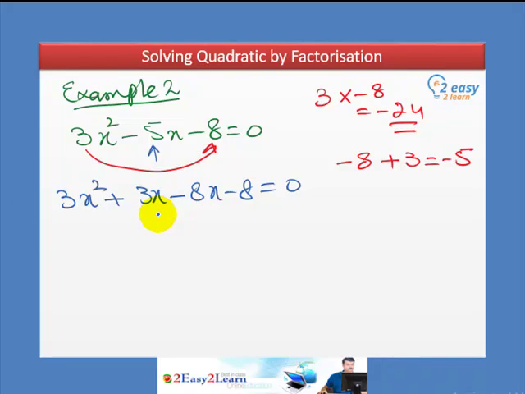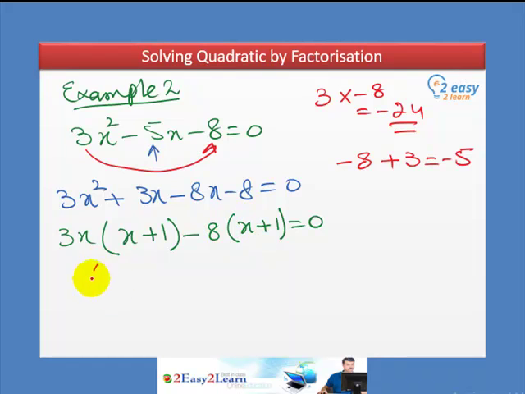We also discussed this method in the previous chapter. In the first two terms take 3x as a common, what is left inside is x plus 1, and in the second two terms we will take negative 8 as a common, and it will become x plus 1, and it is equal to 0. So both brackets are the same. It means we are on the right path.